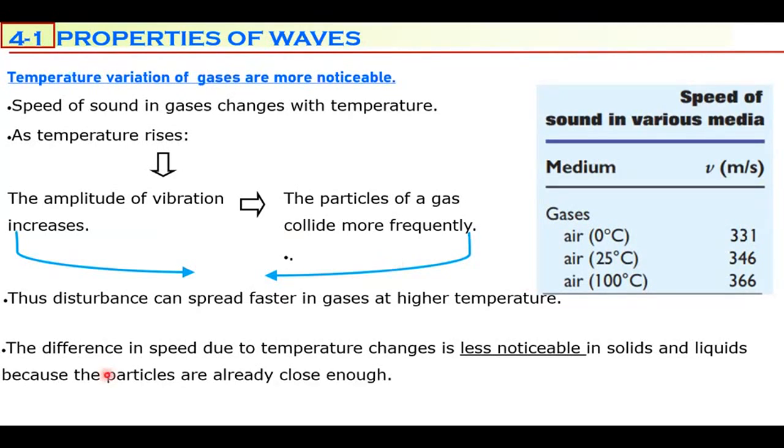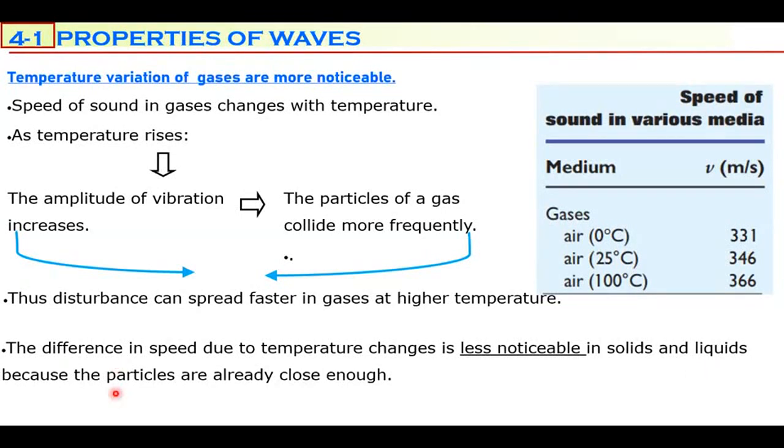The difference in speed due to the temperature change is not as noticeable in liquids and solids. Solid and liquid particles are already very close to each other, so increasing the temperature does not make a big effect on the speed of sound in solids or liquids. This was the ministry exam question of 2017.